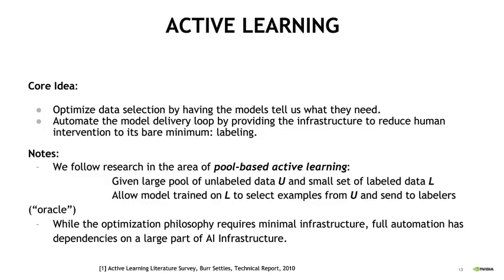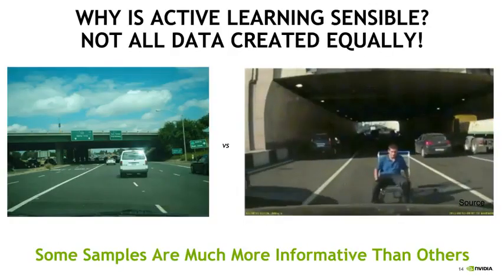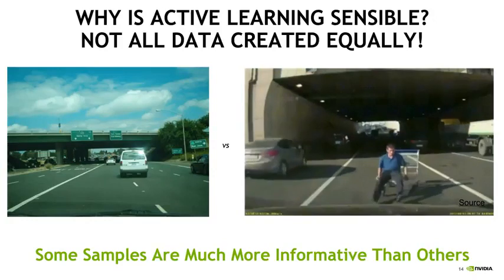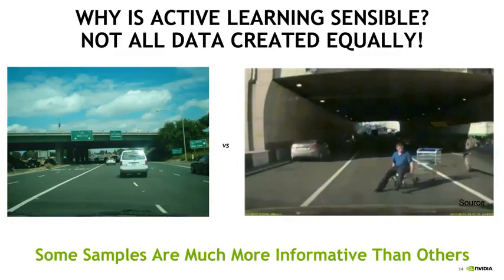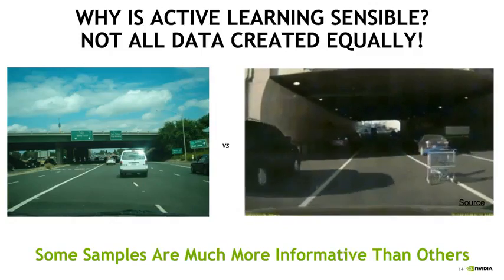The confidence itself can be computed many ways, and the best way to do this is empirically through A/B tests. So I'll give you a few examples of, first of all, why active learning is so sensible, and then next, the type of A/B tests we've been doing to validate that. So why is active learning sensible? I really love showing this picture.